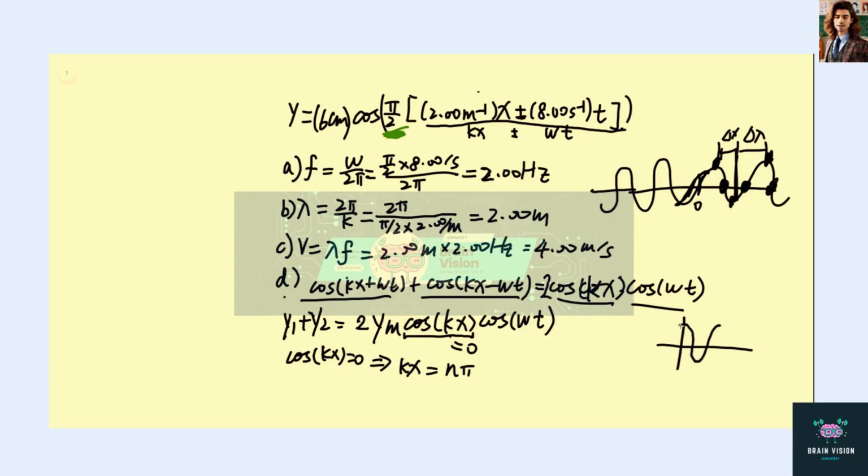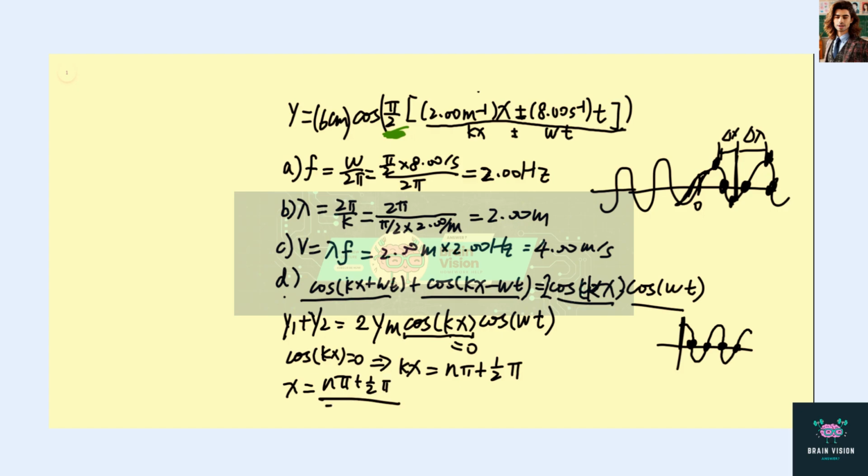So this is a cosine graph. If it's 0, it must be these points. So it must be n pi plus 1/2 pi. And then x must be equal to n pi plus 1/2 pi over k.